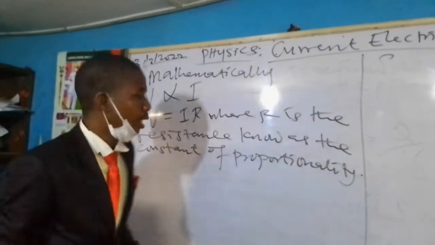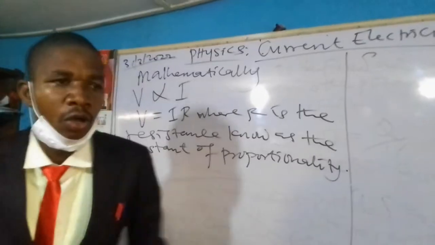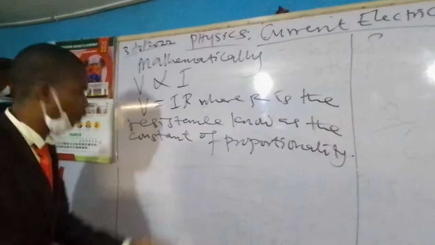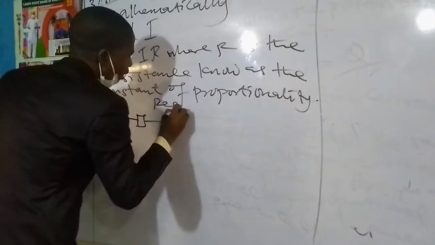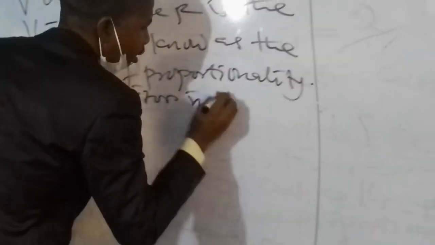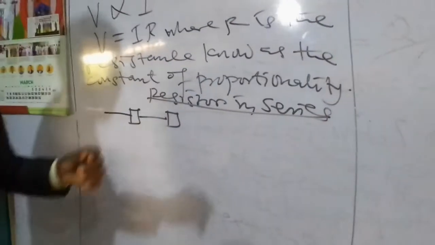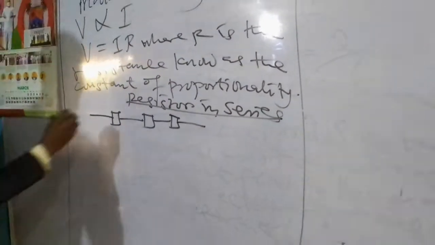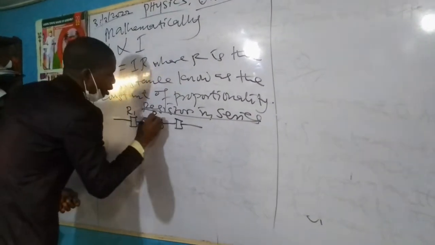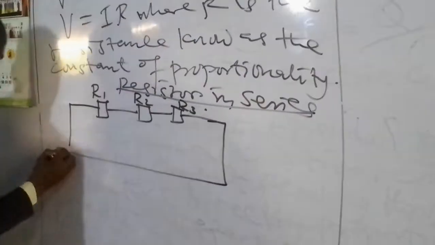Let's consider resistors in series. Resistors connected in series means that the resistors are connected along a straight line. Let's call these R1, R2, R3. This is series connection.